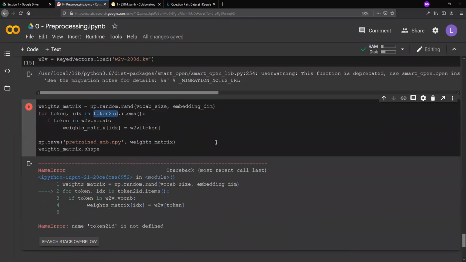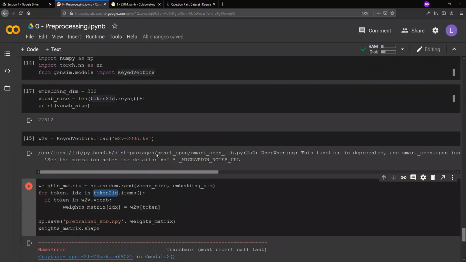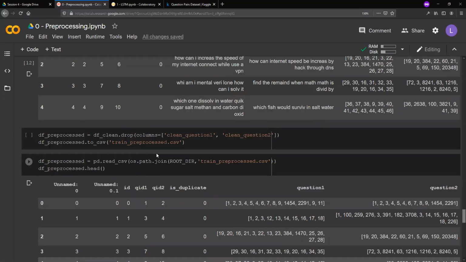It's not recognizing the token to ID, however we do have it created.